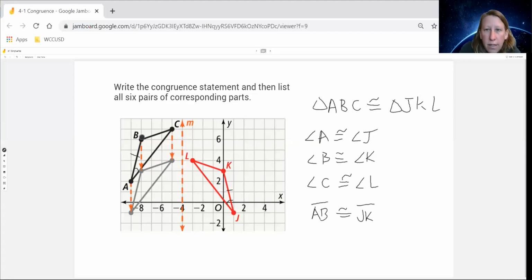Then I can take the next 2 letters. Line segment BC matches up perfectly with line segment KL. Line segment BC is the same length as line segment KL.